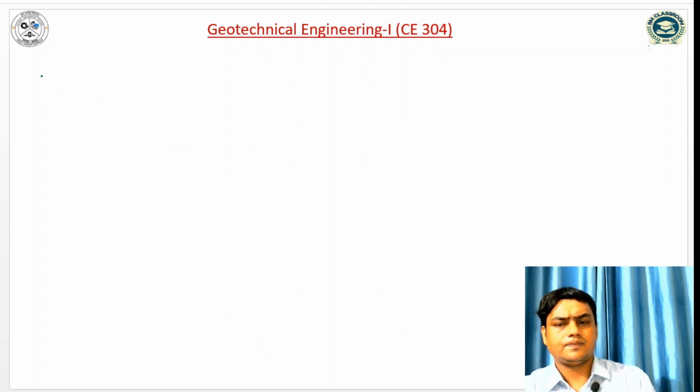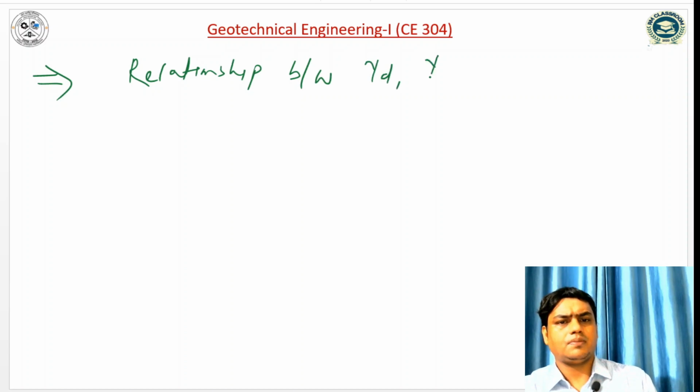Similarly, another relationship between dry density, bulk unit weight, and moisture content or water content. So gamma D is equal to gamma B divided by (1 plus w).